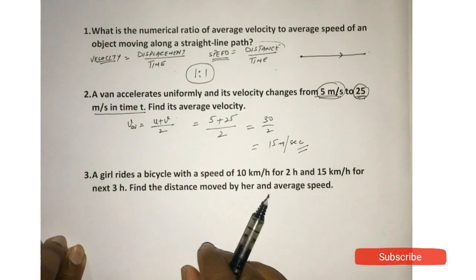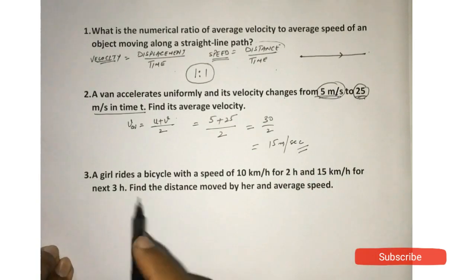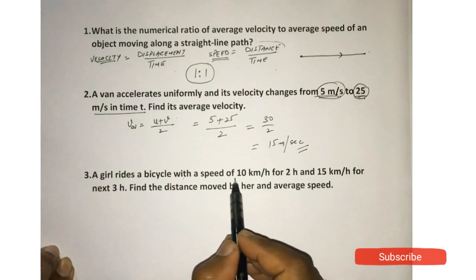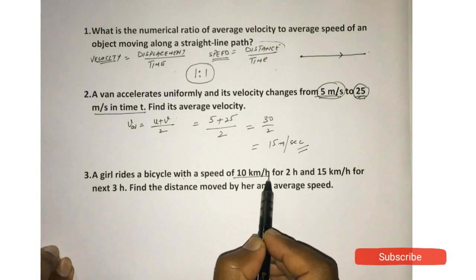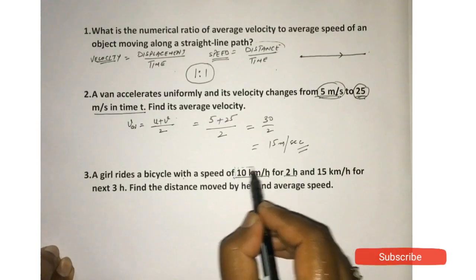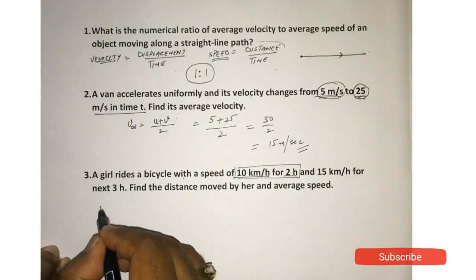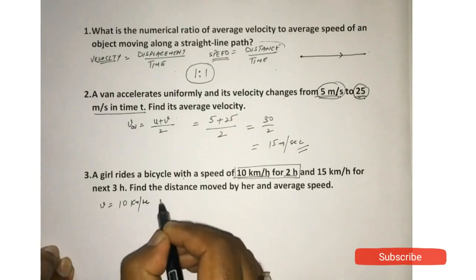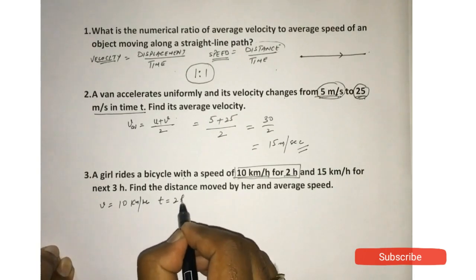Clear? Third question is, a girl rides a bicycle with a speed of 10 km per hour for 2 hours. Fine. For this case, speed is 10 km per hour and time is 2 hours.